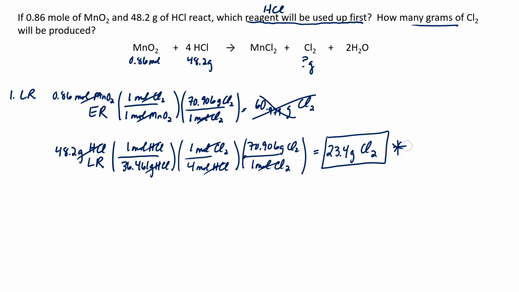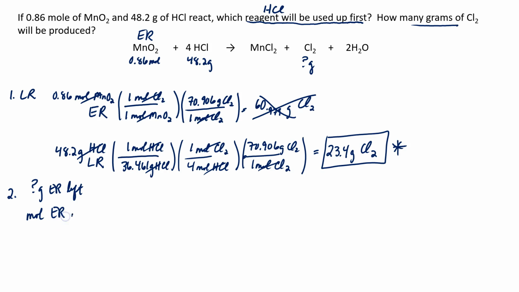This is how many. Now, even though they didn't ask us, why don't we see if we can calculate how many grams of the excess reactant we have left over? So that's not going to be hard. So maybe we can start off working in moles.